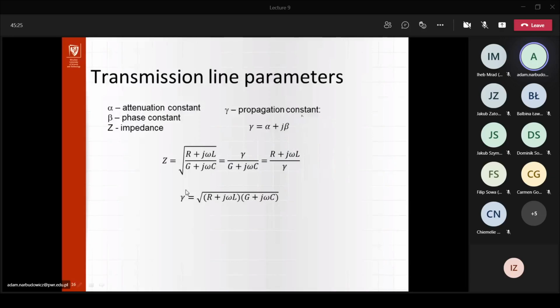And then using our example, if we assume we have a lossless transmission line, we know that the R and the G would simply disappear, and we are left with j omega L divided by j omega C. So basically a lossless line can be modeled by the square root of the inductance to capacitance.